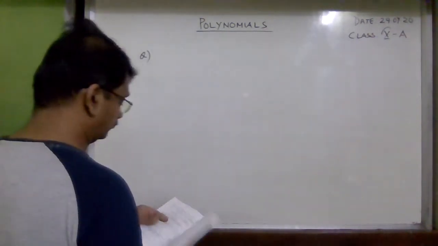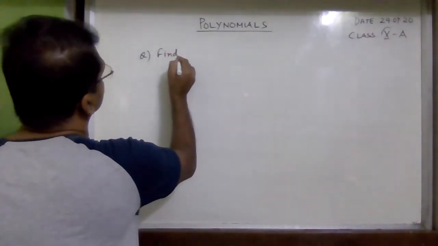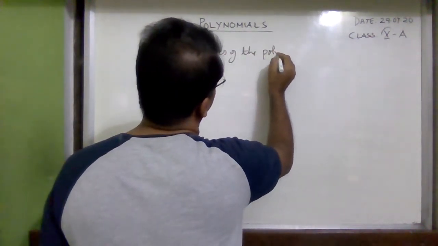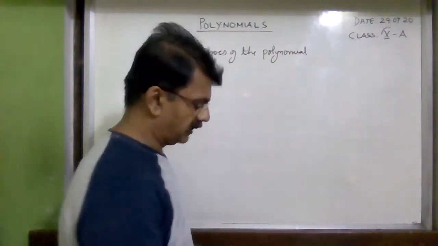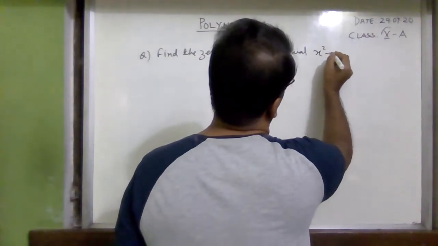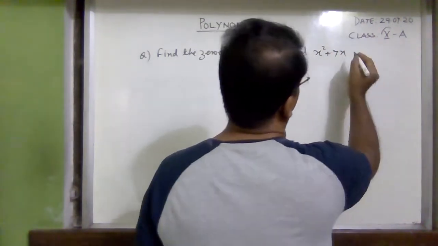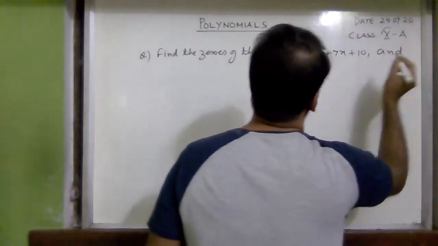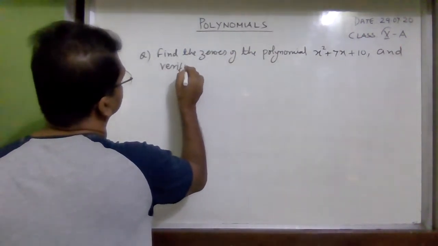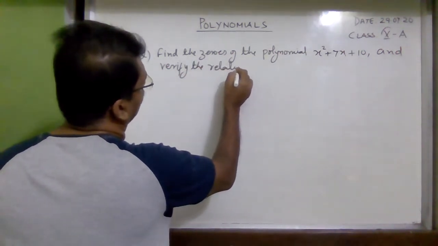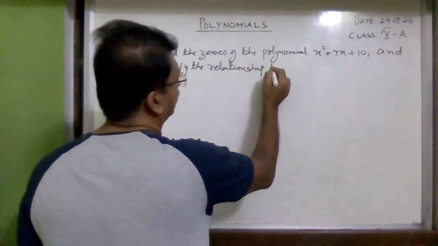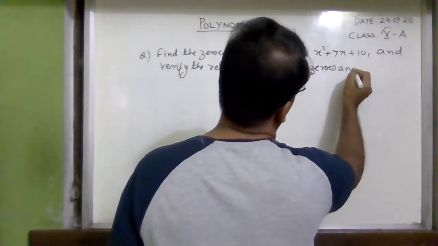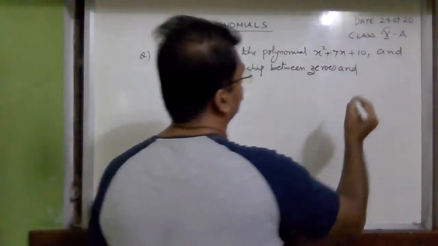The question says, find the zeros of the polynomial x square plus 7x plus 10 and verify the relationship between zeros and the coefficients.